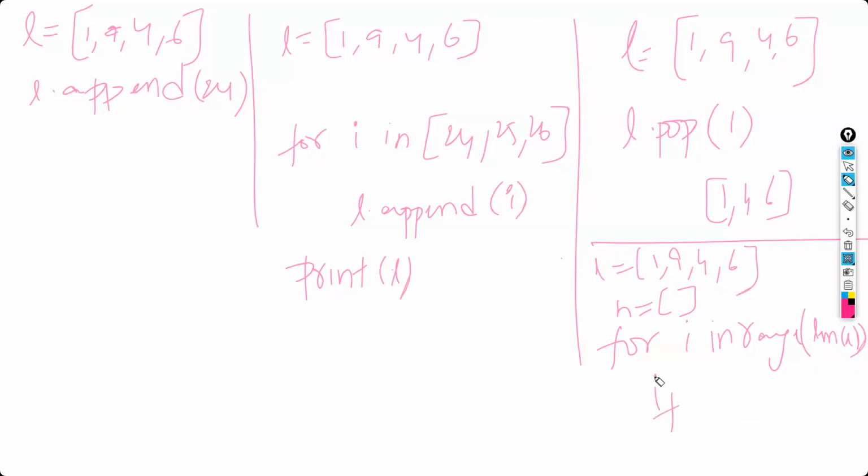If i, what is i? Not in index numbers 0 comma 3, the remaining index numbers have to be appended. N.append of L of i. Now tell me what is the output of this? Now print N. If I print N, what is the output?